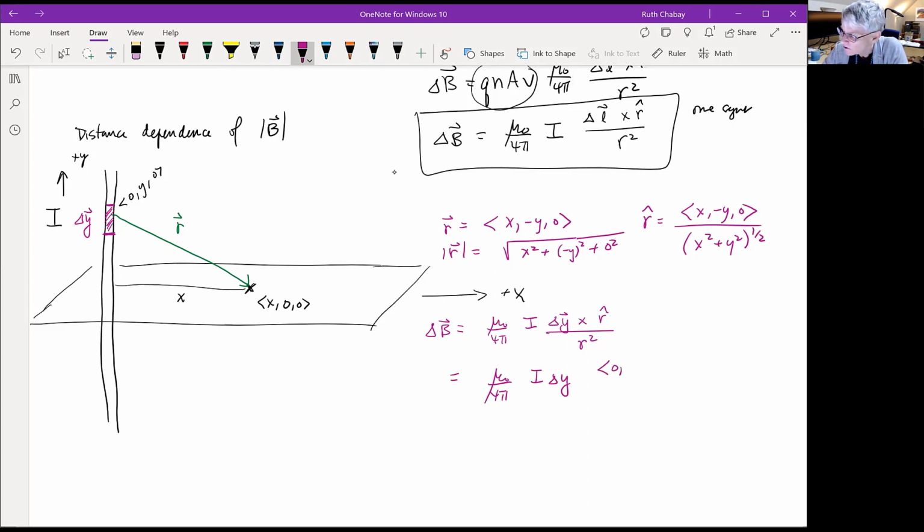The vector delta y is the length delta y times the vector 0, 1, 0. Cross r hat, which is x, negative y, 0 over x squared plus y squared to the 1/2. And this is over r squared, so we have an x squared plus y squared. So that's our delta B.